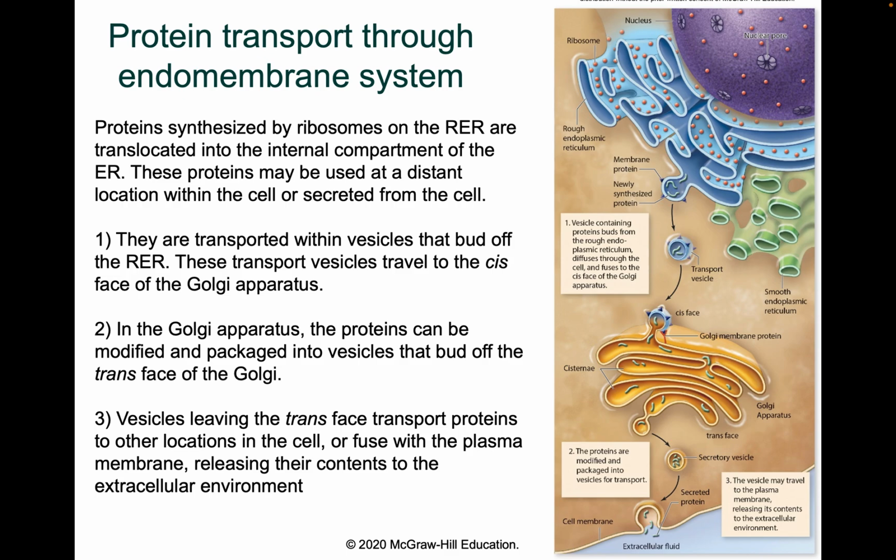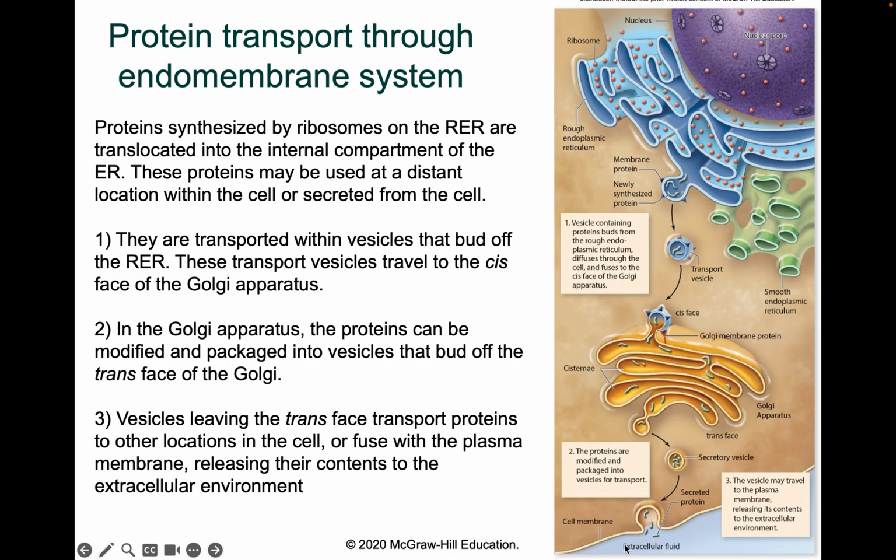There it's going to be properly processed, folded, modified, all these things we're talking about. Once that's done, it will be transported outside. The Golgi will arrange a taxi, which is its own lipid membrane that is projected outside through the trans phase and released.